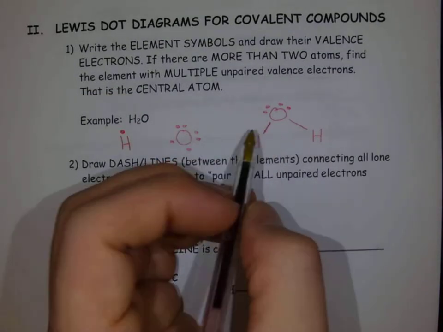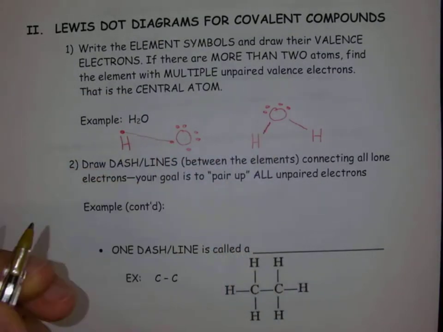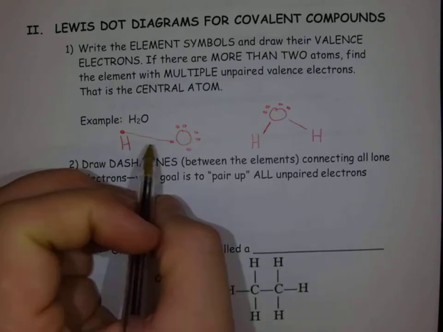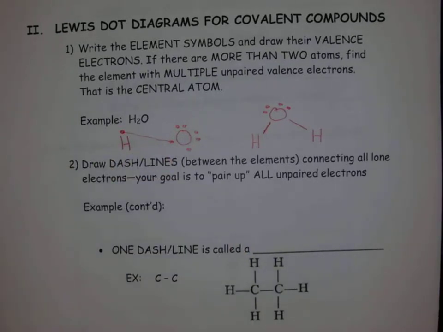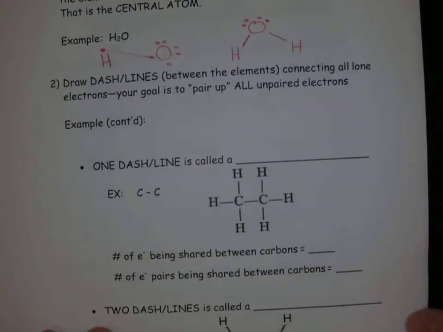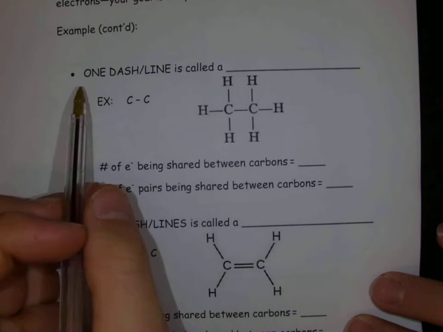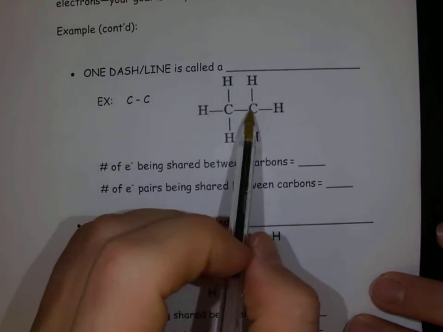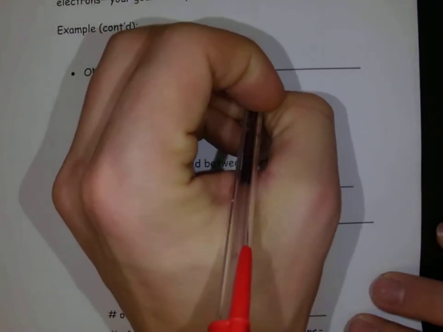So one electron from oxygen is shared with one electron from hydrogen. This sharing stabilizes the electrons. Our goal is to pair up the electrons. So we would have a single line here, and it represents a single bond.